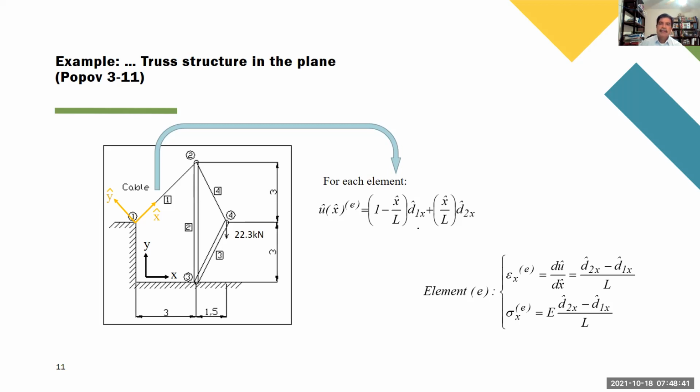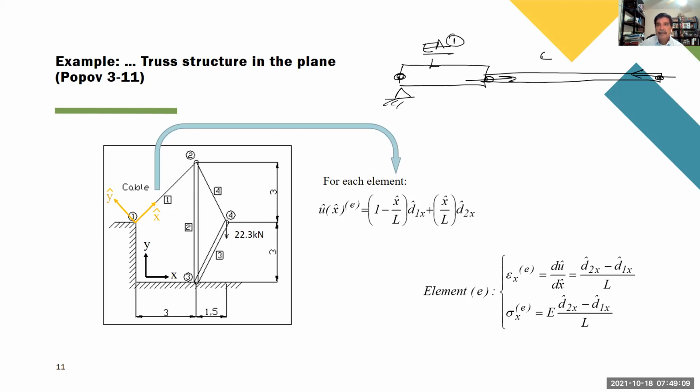For example, let's suppose I have something like this. You see that I can put 3 joints to analyze this problem, right? And then you have an EA over L value for the first element and a different EA over L for the second one.